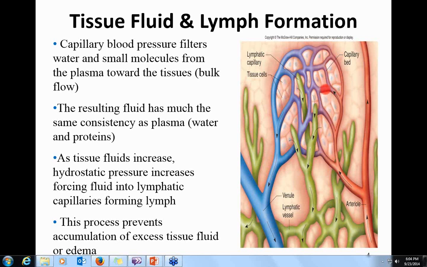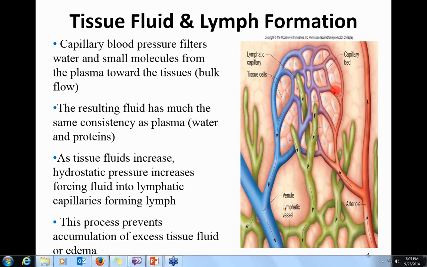And bulk flow was how the nutrients of oxygen, glucose, and amino acids got to the tissue cells. And then the tissues in return give carbon dioxide and other waste to the blood vessels, also with bulk flow. Again, bulk flow is driven by osmotic pressure or hydrostatic pressure gradients.